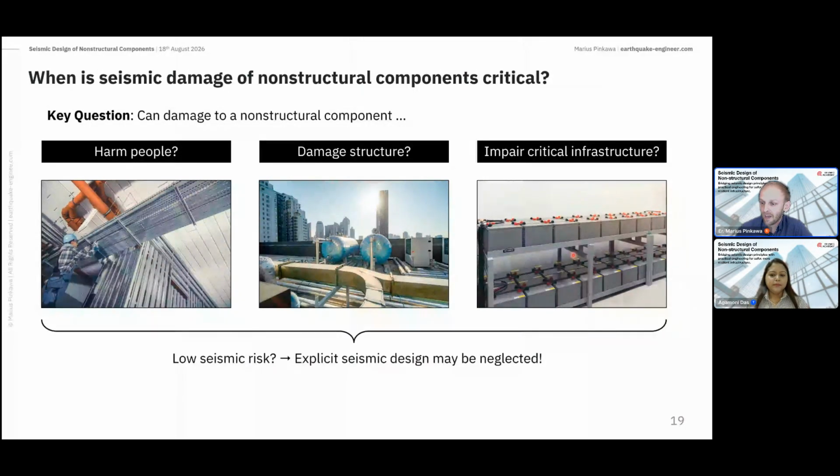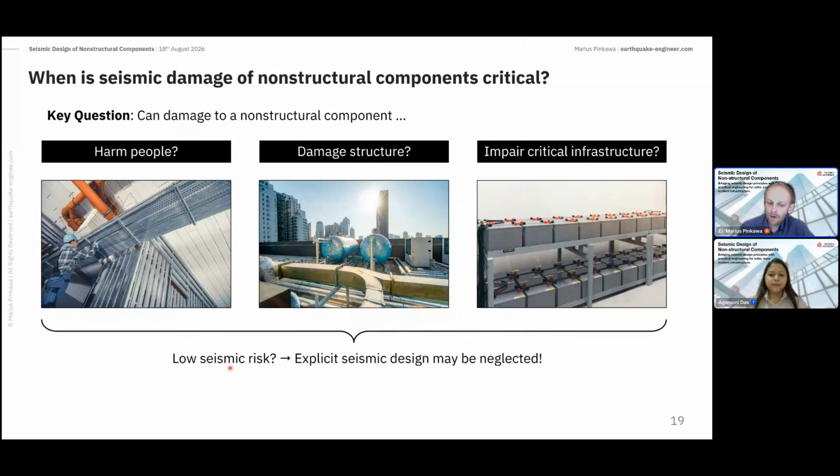So you need to anchor the system to the ground. You need to put some straps so the batteries can't fall down. You need some elastic pads in between, so there is no hard collision between these batteries. So this is a quite clear answer to the question if this would be a hospital.